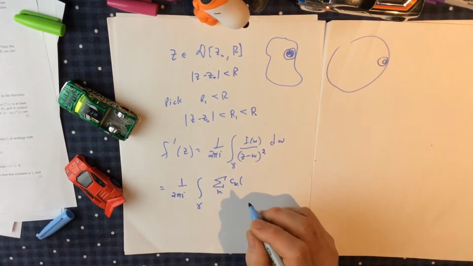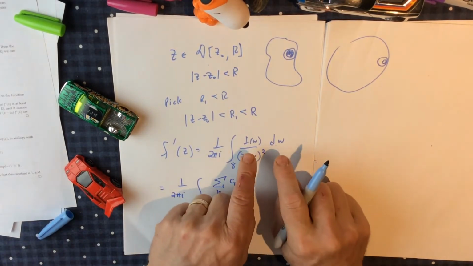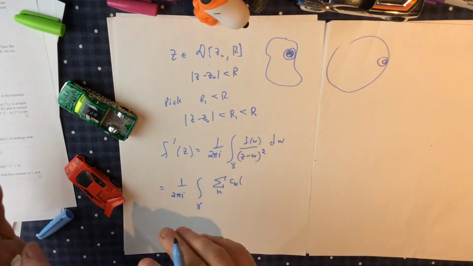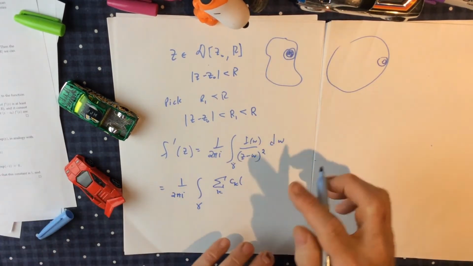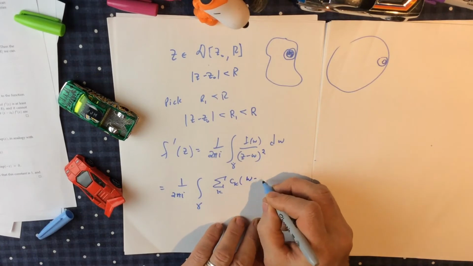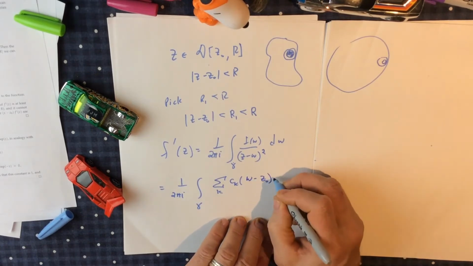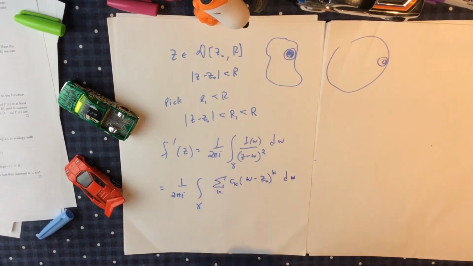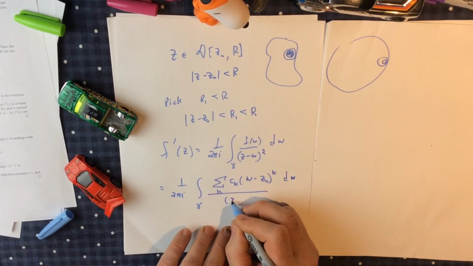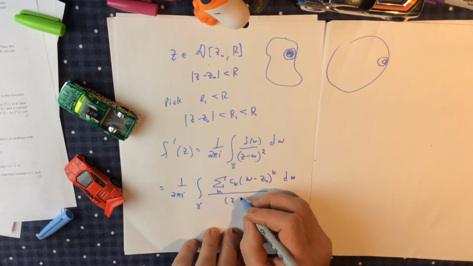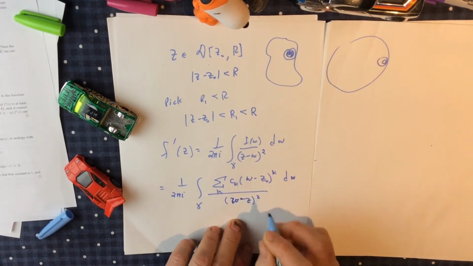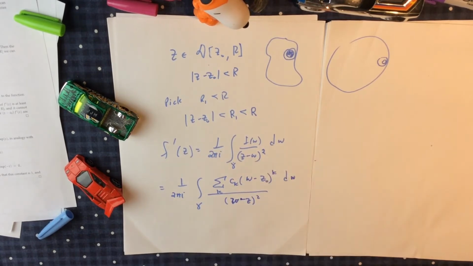And, okay, this is using w, so I'm replacing the z in my series with the w, but I still have z naught, so it looks like I'm doing something fishy here, but it's not. And it doesn't matter the order that we write this.